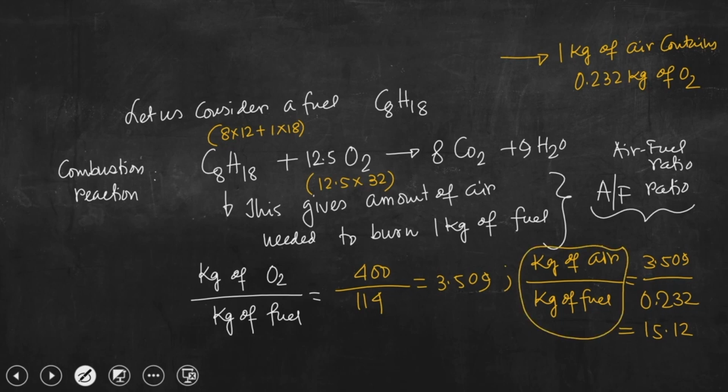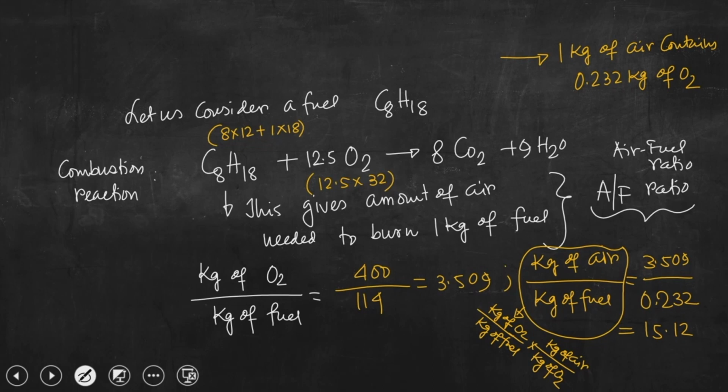What we have obtained is 15.12, and we can write it like this: kg of O2 by kg of fuel into kg of air divided by kg of O2, and this is 1 upon 0.232 because per kg of air contains 0.232 kg of oxygen.